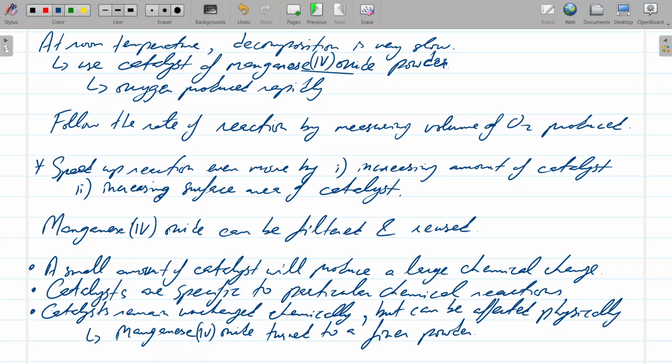So we'll study both of those in this chapter. The other two will come later on, which is the oxidation of ammonia to give nitric acid, and then the hydrogenation of unsaturated oils to form fats.